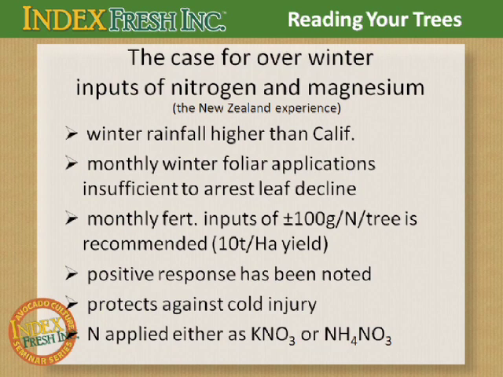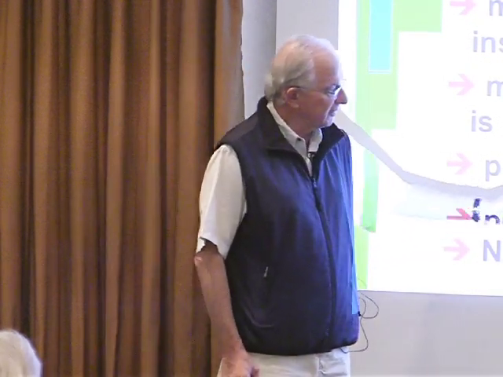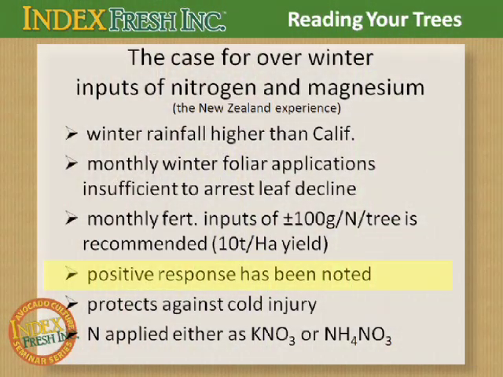And over winter, we are putting on roughly 100 grams of nitrogen per tree for a crop load of around 10 tons. So that's 2,200 pounds a ton, so that's 22,000 a hectare. That's 8,000 or 9,000 pounds an acre there. And we've noticed a positive response as a consequence of doing this.